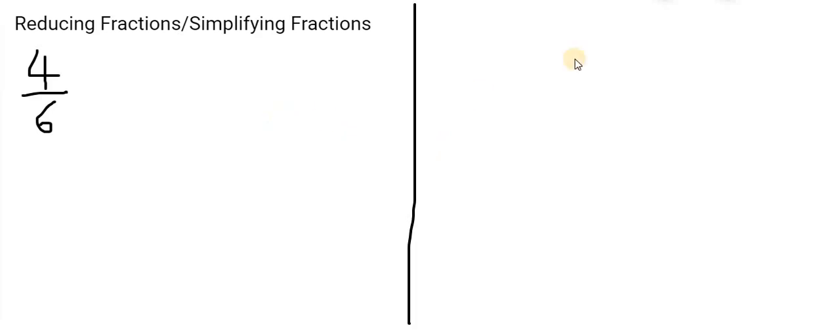For example, 4 over 6. To reduce or simplify this, the first thing I do is I take 4 and I break it down. So 4, the other number that goes with 2 to make 4 is another 2. So 4 is 2 times 2.